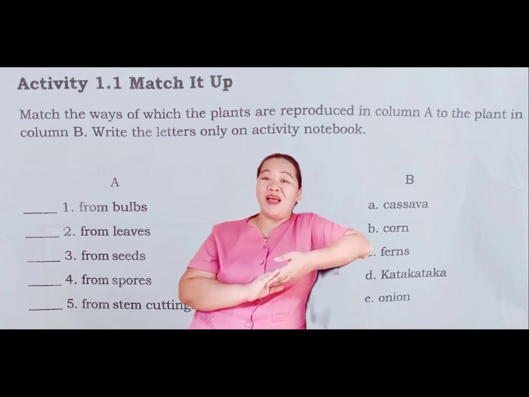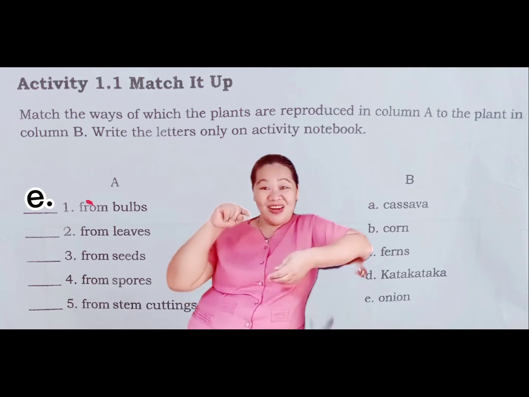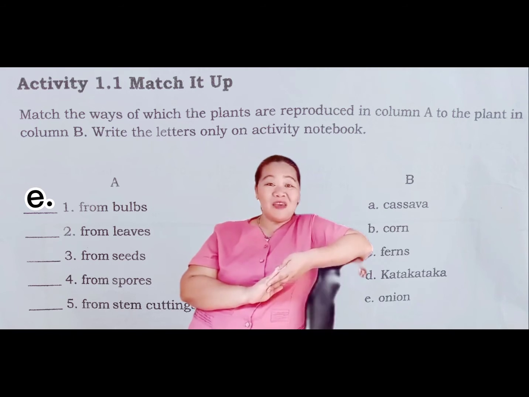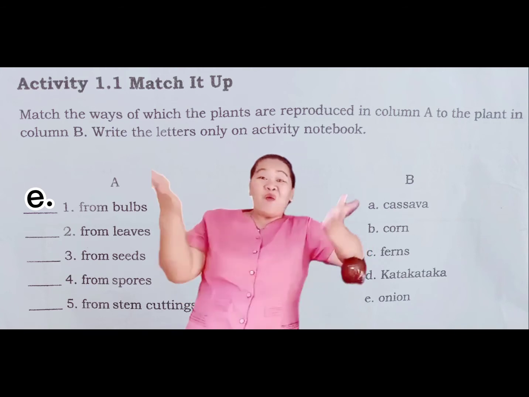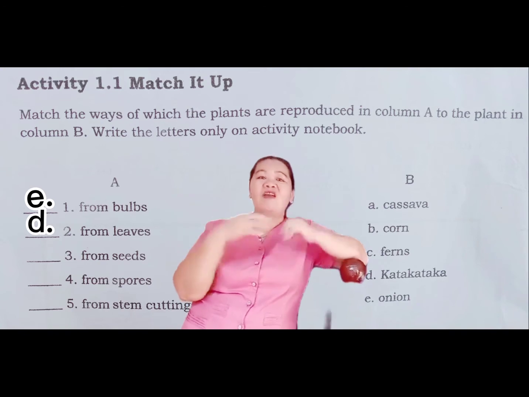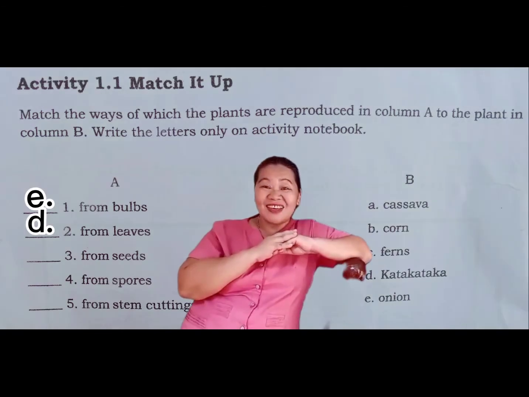Now, let's go back to number 1, from bulbs. If you answered letter E, onion, then you are correct. Check. How about number 2, from leaves? If you answered letter D, katakataka, it's still correct. Now, number 3, from seeds. What's your answer?